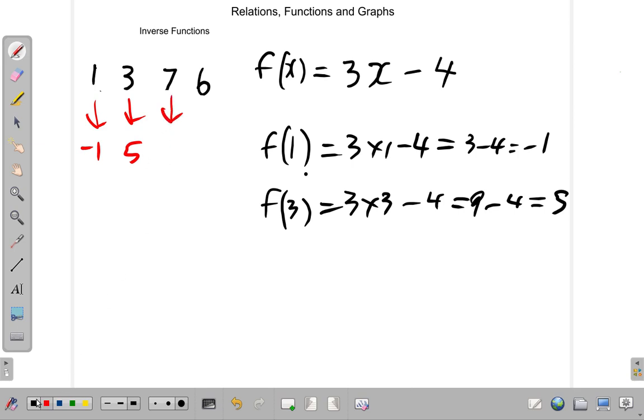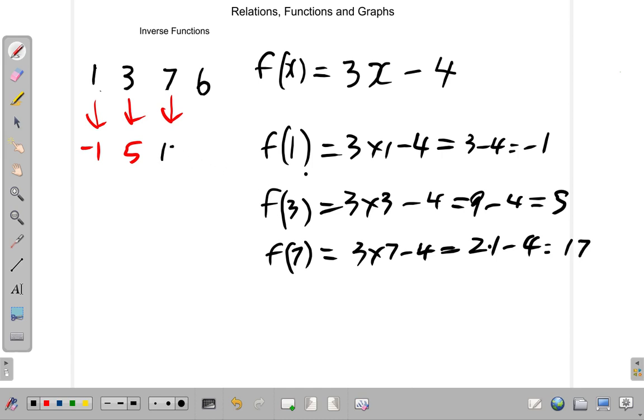Then 7. You have f of 7 is equal to 3 times 7 minus 4, which is 21 minus 4. What is 21 minus 4? 17. So you have 17 here. And when you pass 6 through the function, f of 6 is equal to 3 times 6 minus 4.